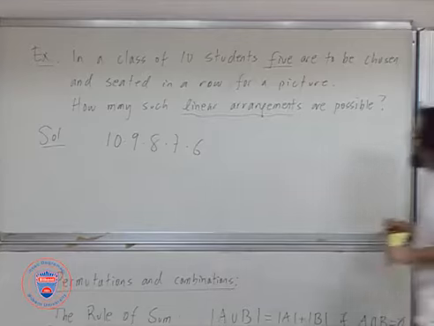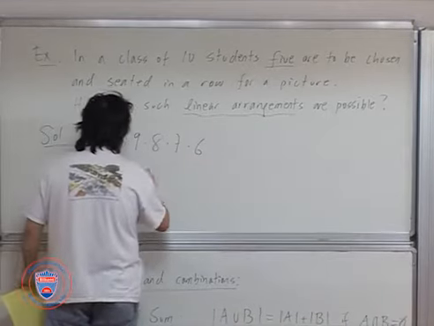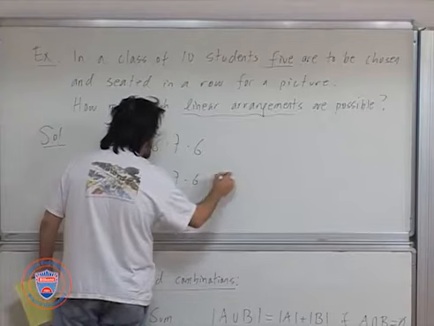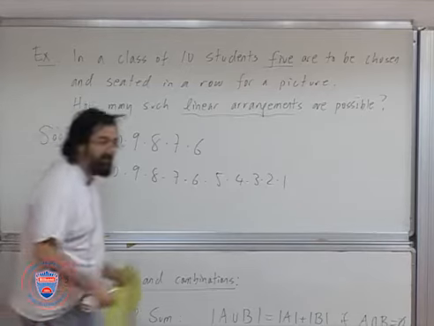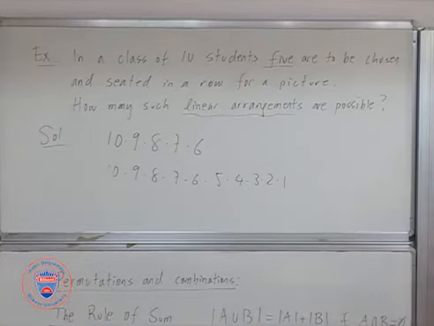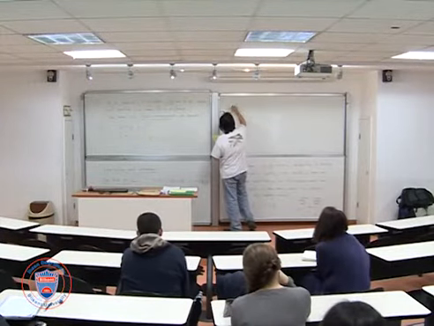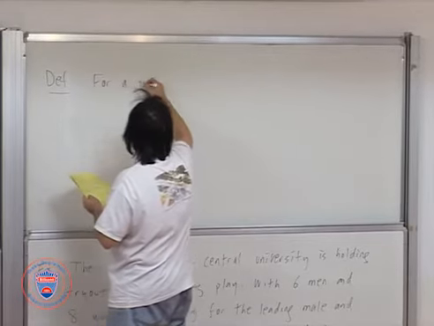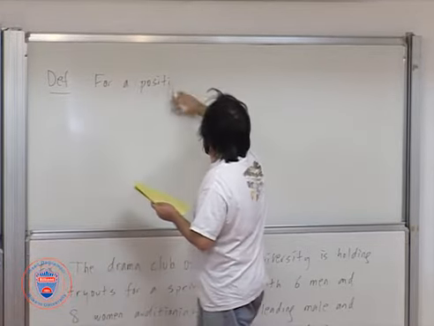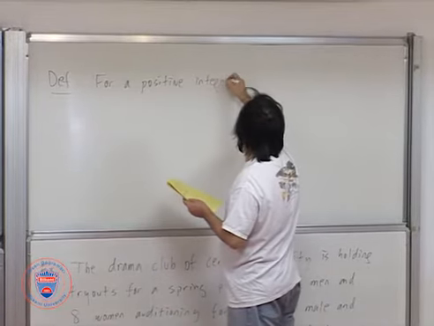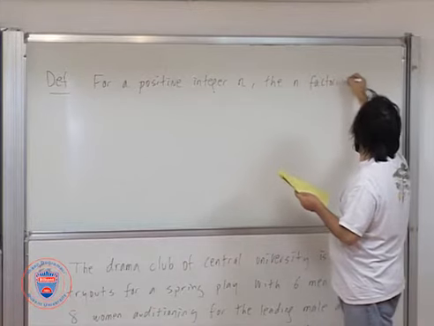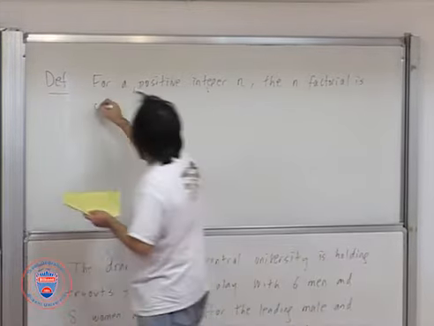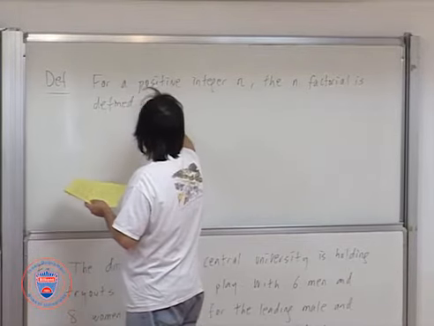You're saying that this should also be multiplied with this. Everyone uses factorial, so let me say what factorial means, because I have to formally introduce it. For a positive integer n, n factorial is defined as the product of all positive integers less than or equal to n.